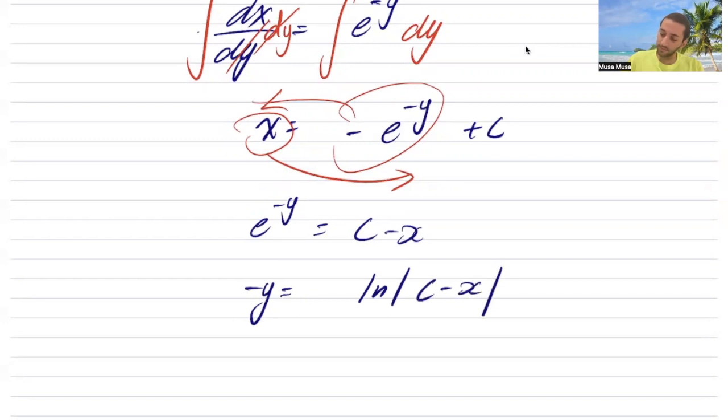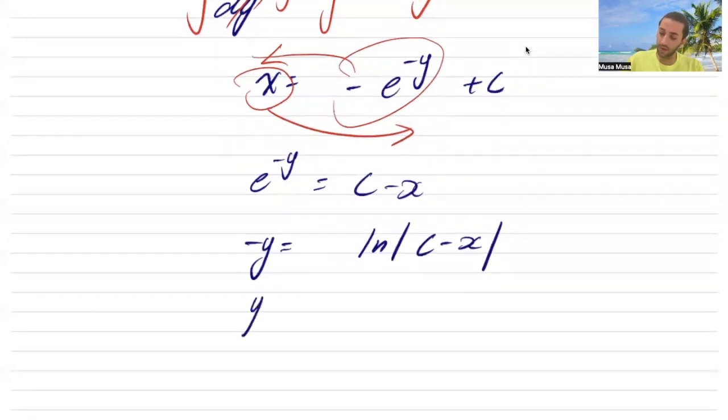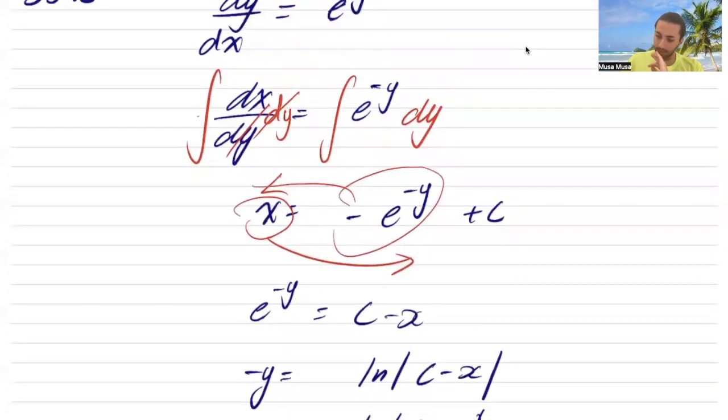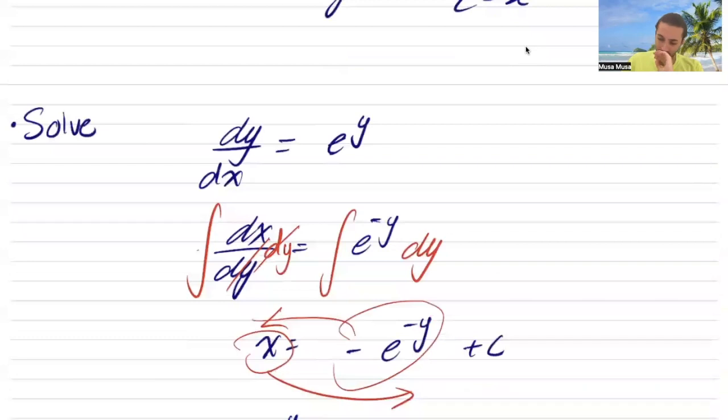And then therefore y equals negative ln of c minus x. Now, should I have put absolutes? Hmm.